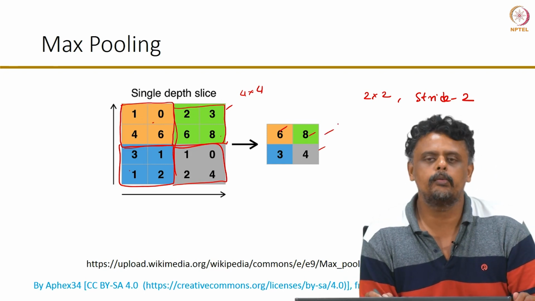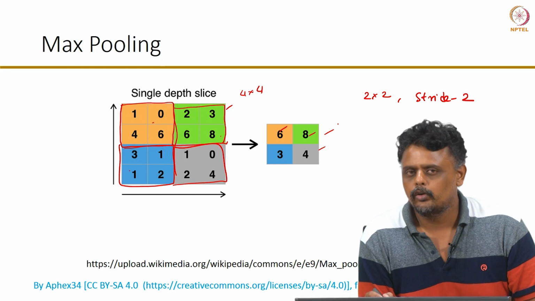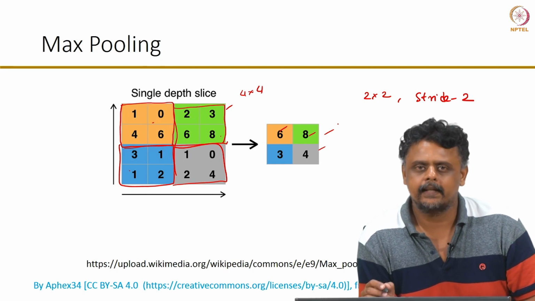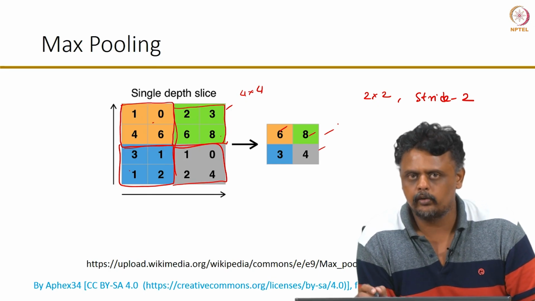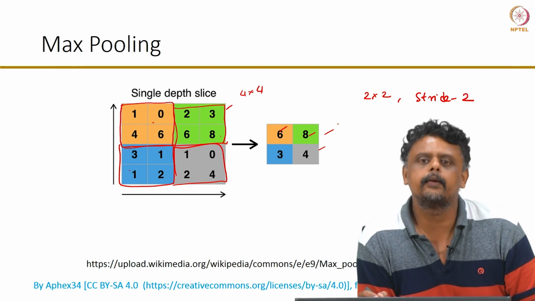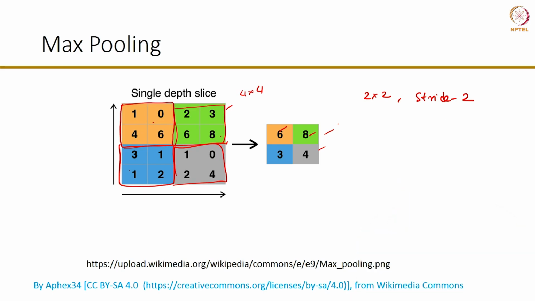If you want to be very systematic about it, you would try to retain the size of your feature map when doing convolutions. We will see how we can do that, and any subsampling will be done during the pooling operation. For average pooling, instead of the max value, you will take the mean of the values inside this 2 by 2 neighborhood.